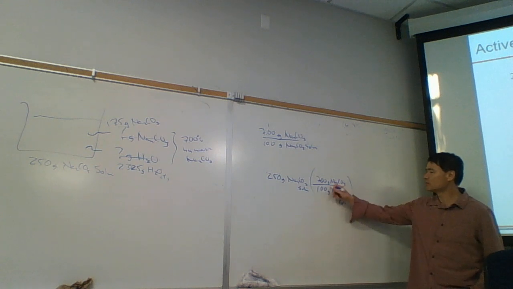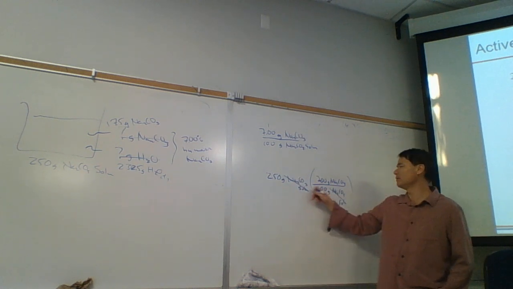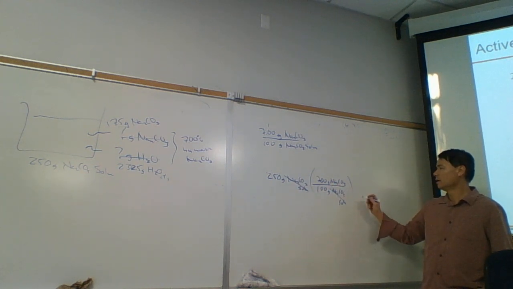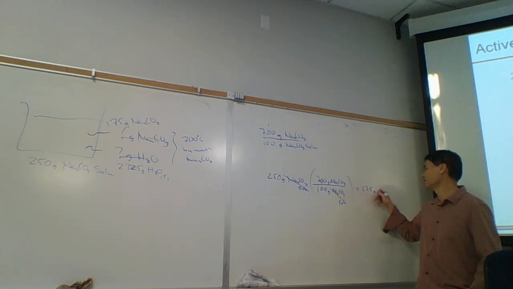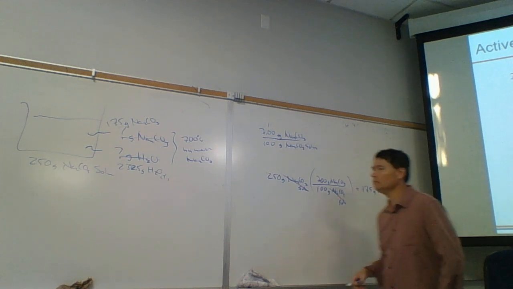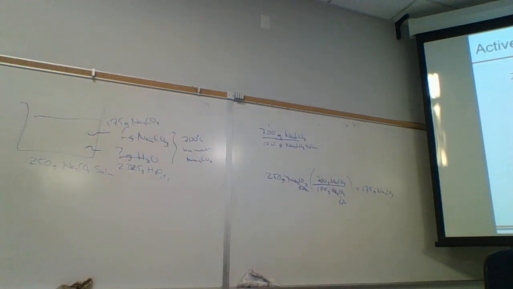And so the grams of sodium carbonate solution cancel, and that gives me grams of pure sodium carbonate, and this is going to come out to 17.5 grams pure sodium carbonate. So we get the 17.5 grams of pure sodium carbonate.